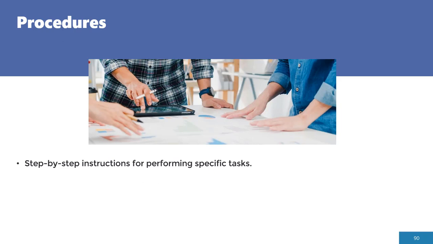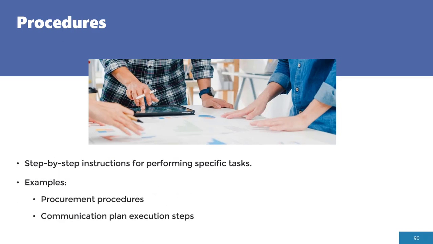So you have to understand the procedures for the task. All right. Examples include procurement procedures, communication plan, execution steps. All right. Even resource acquisition, resource allocation. All these are tasks. All right. And each of these tasks have their specific procedures which you must understand within an organization.